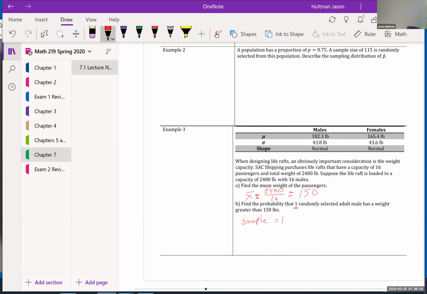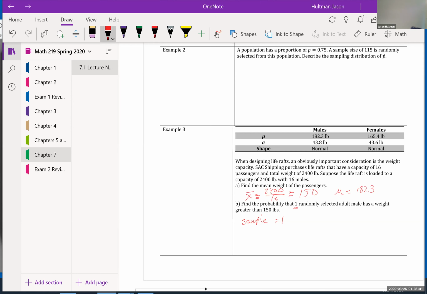Okay. And so what's the population? What's mu for, what are we looking for? Males, right? What's the population mu for males? The mu for males is 182.3, right? Okay. So we have a sample size of 1.